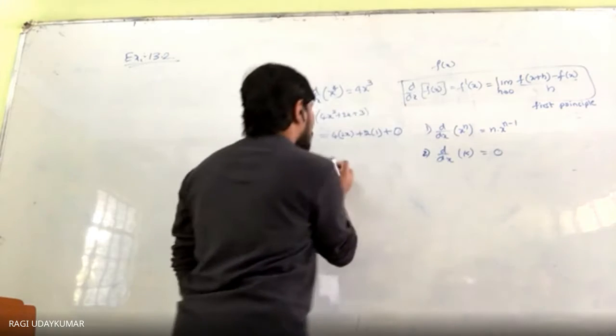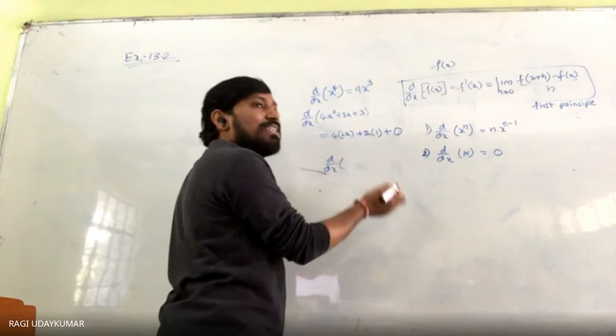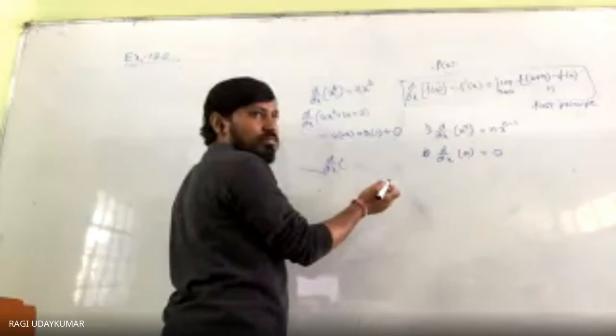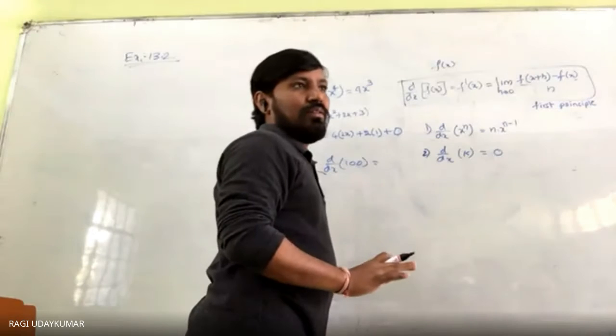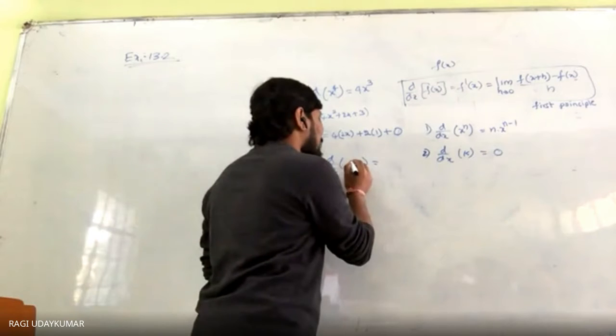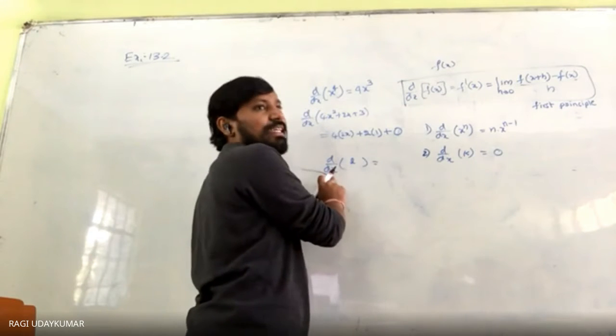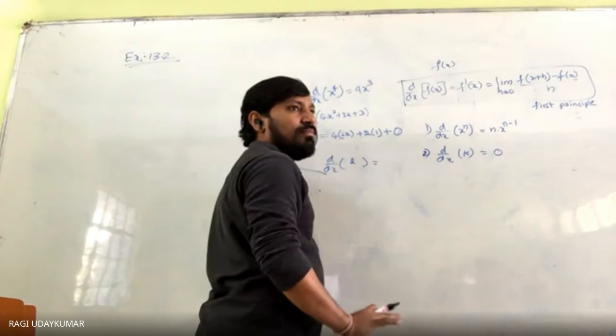Suppose the question is asking you what is d by dx of some constant value, or 100 is given to you, then it is 0. Okay, and if it is d by dx of some L, if L is not a function in terms of x, then it is 0.